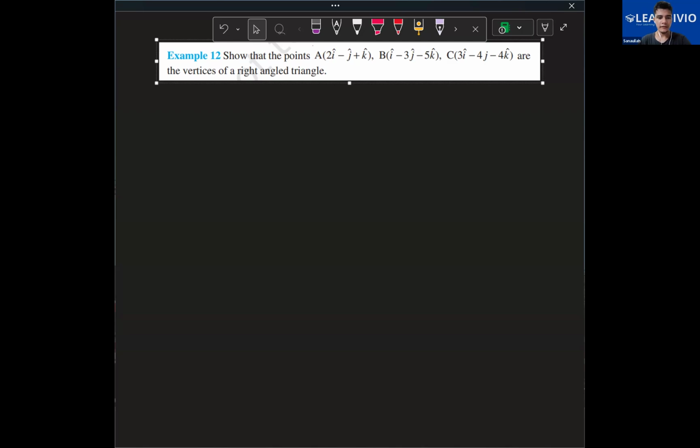Okay, have we completed collinear vectors? Do you know how to prove any two vectors are collinear vectors? If you have two vectors, how will you prove that those two vectors are collinear?